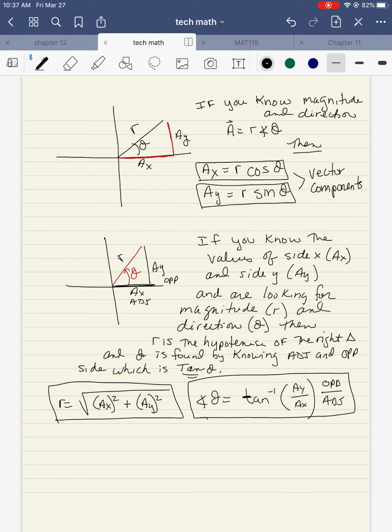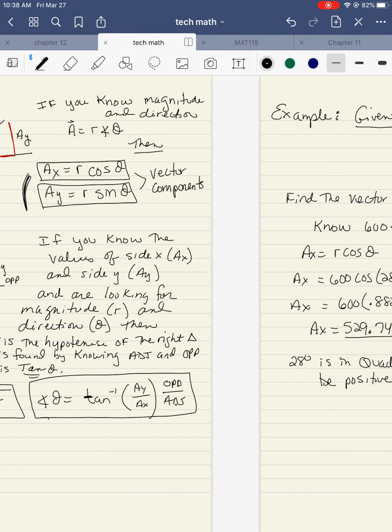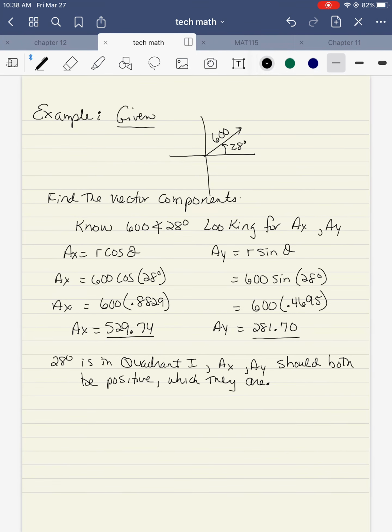Tangent is opposite over adjacent. In this case it would be inverse tangent because I'm looking for the angle. Anytime you're looking for the angle, it's the inverse tangent, or whatever function you're using. This is opposite over adjacent, so it's ay over ax. So I can go from magnitude and angle and get the components, or I can go from components and get magnitude and angle.